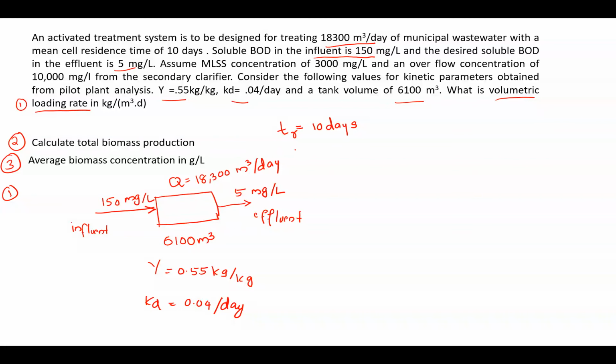Then, assume the MLSS concentration. So what is the MLSS concentration? MLSS concentration is 3,000 milligram per liter, and what else is given?